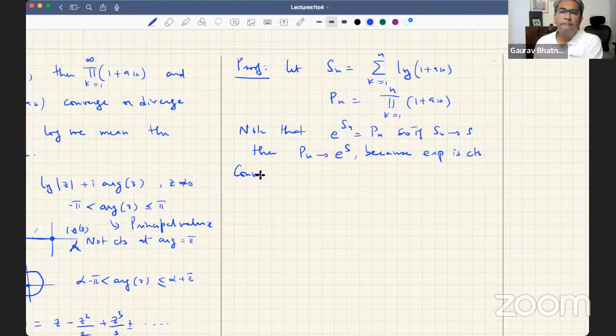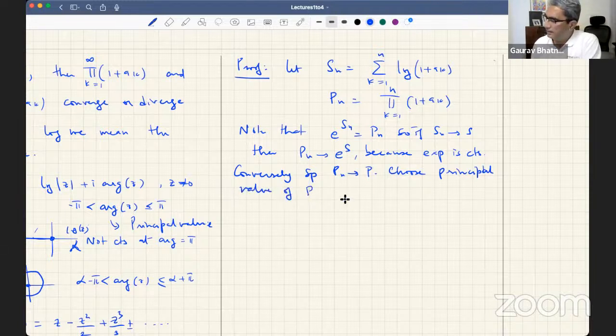Conversely, suppose P_n converges to P, and we choose the principal value of log P, so i times argument of P basically.